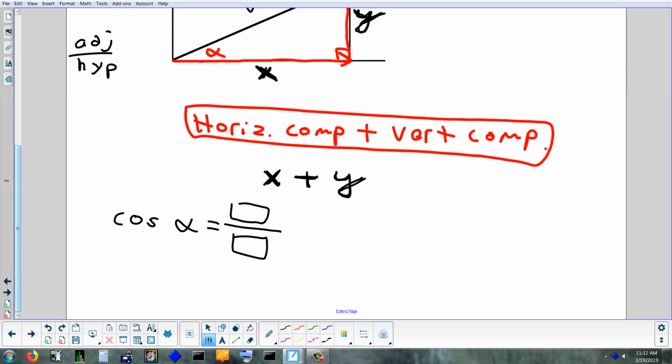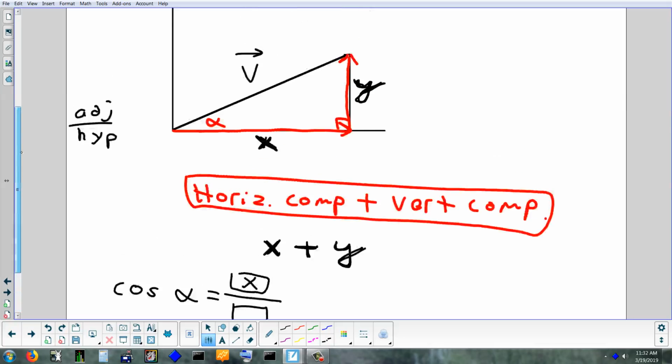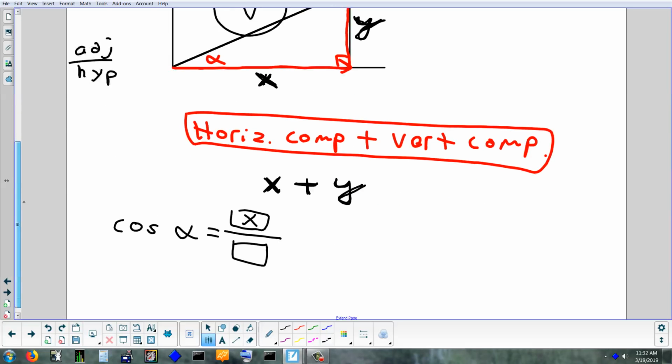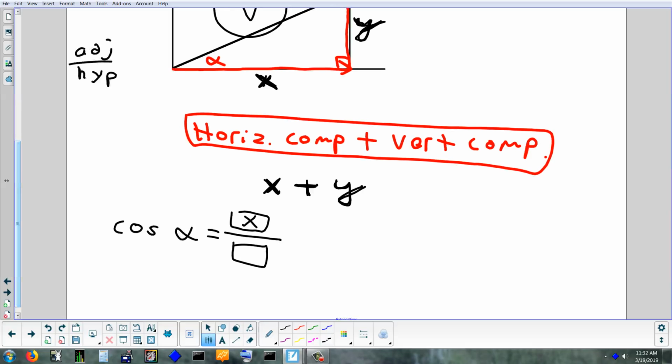The length, right? So I said we were going to call the adjacent side x, but that's not the length of that side. That's the whole vector. So I want the length of this side. What should I put in the bottom of that fraction? Yeah, the square root of x squared plus y squared.